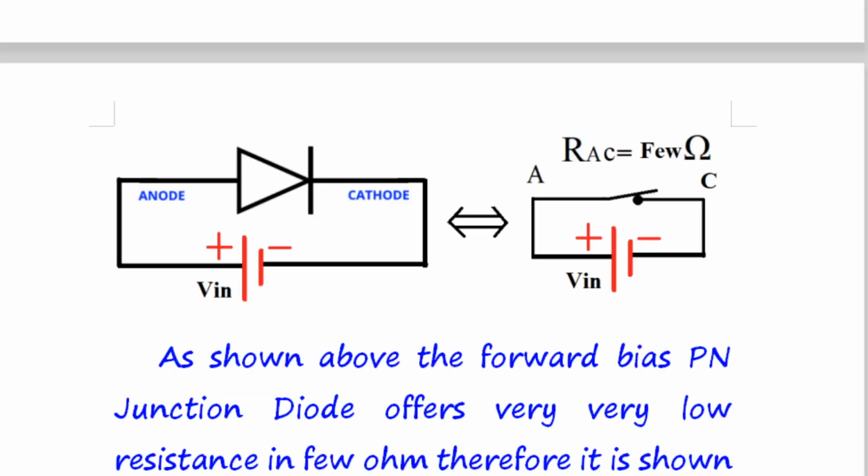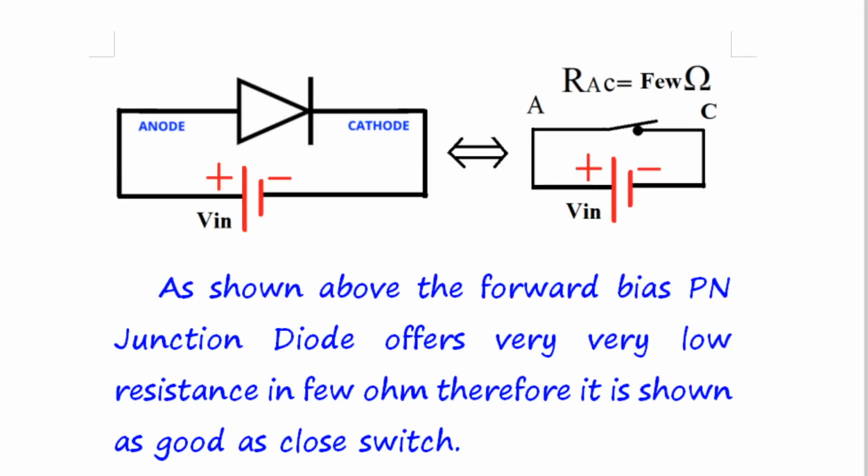Now from this we'll understand a very simple concept. Whenever a PN junction diode is forward biased, by connecting the anode to the positive of the battery and the cathode to the negative of the battery, that is the input voltage, the diode is shown as good as a conducting device. Of course, this is when the voltage is greater than 0.7 volt.